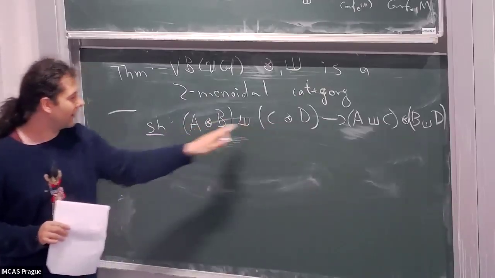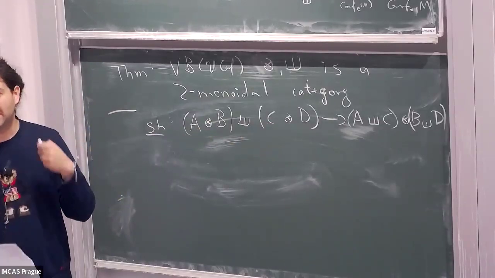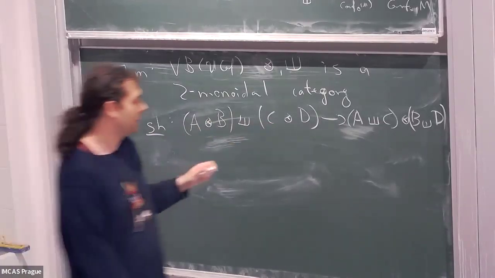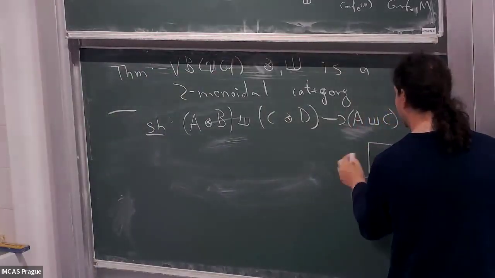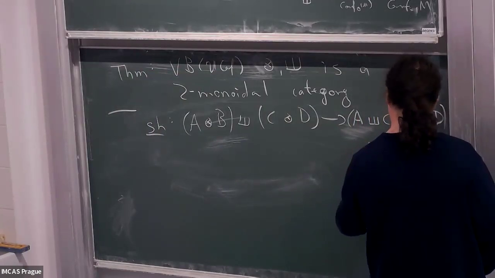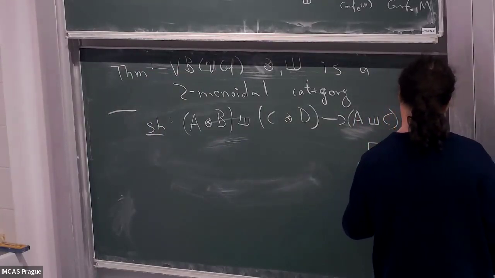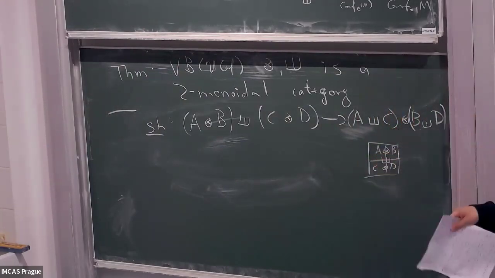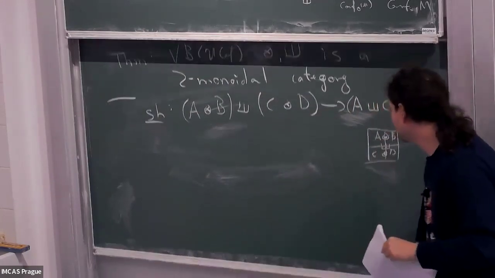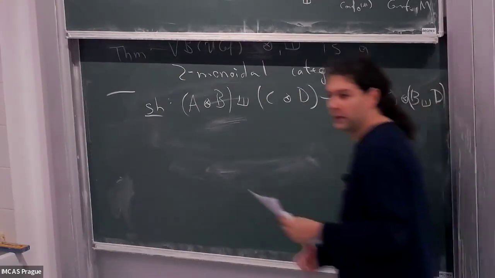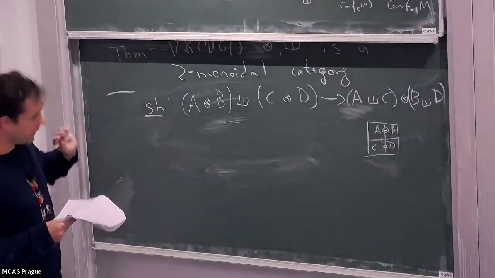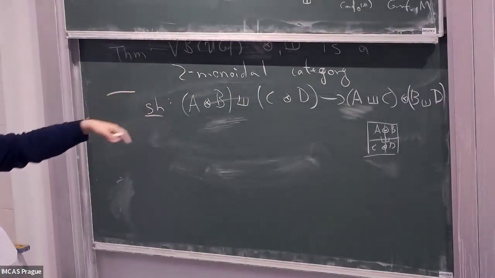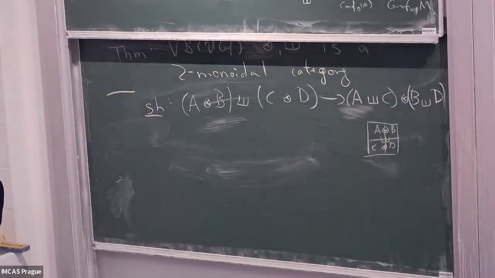Basically, this type of condition, intuitively, comes from Eckmann-Hilton type arguments. So you think of A, B, C, D sitting in a square: A tensor B, shuffle C tensor D, and you want to be able to map to the otherwise ordered shuffle.